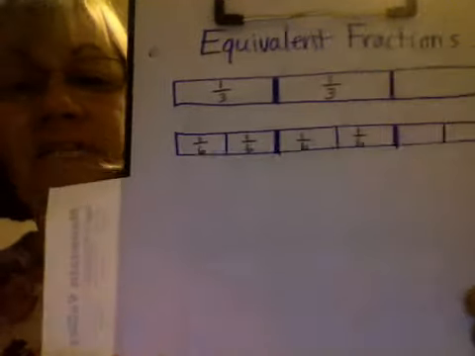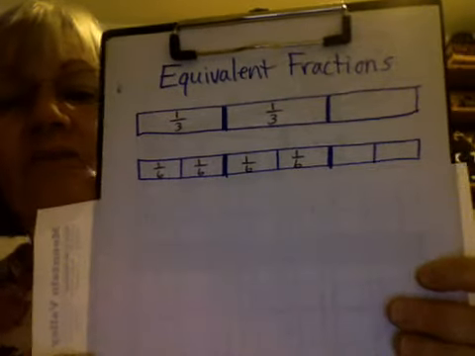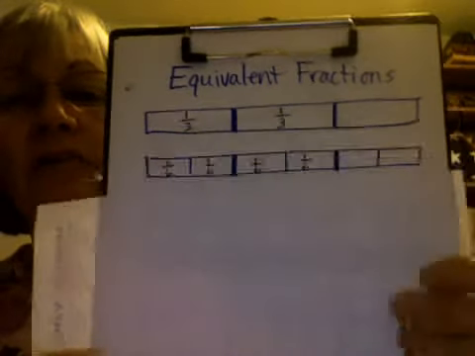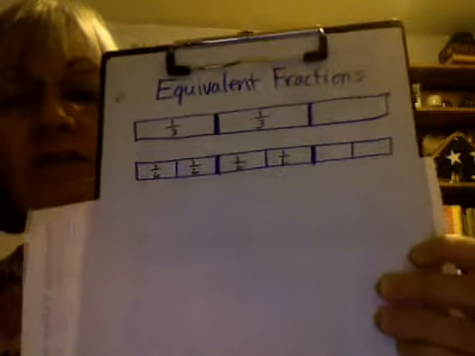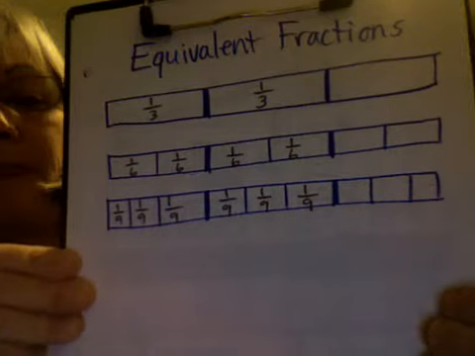When we cut each little piece again, we have 6 altogether, and 4 of those 6 pieces are equivalent to 2/3.